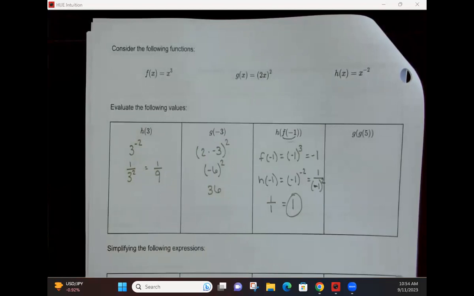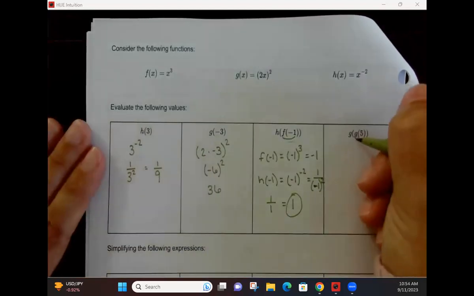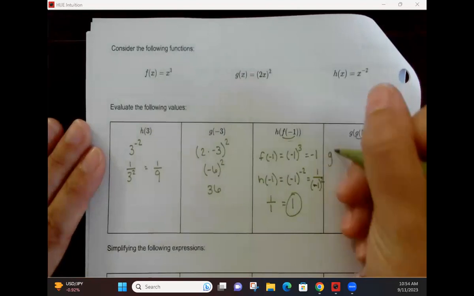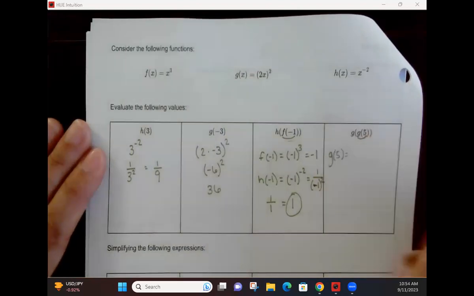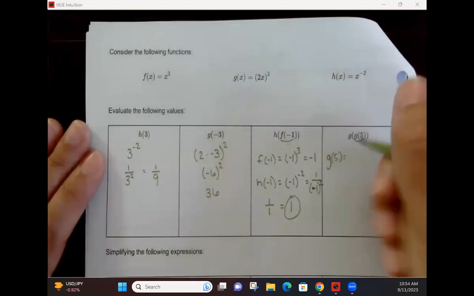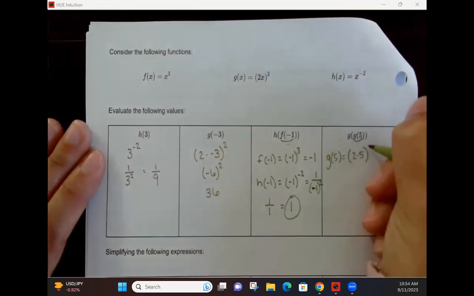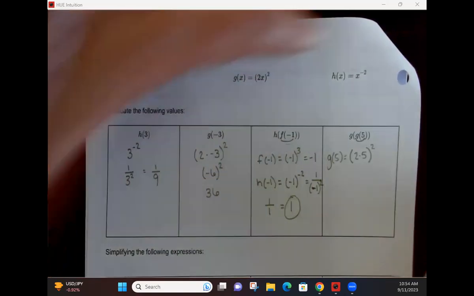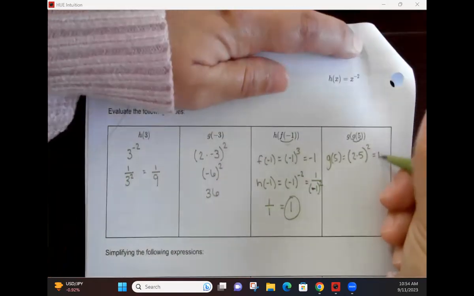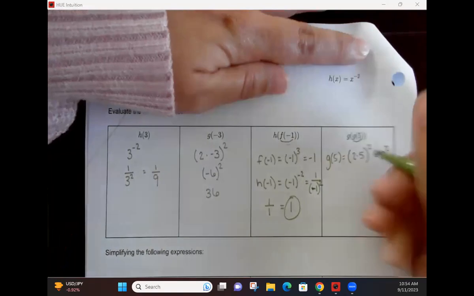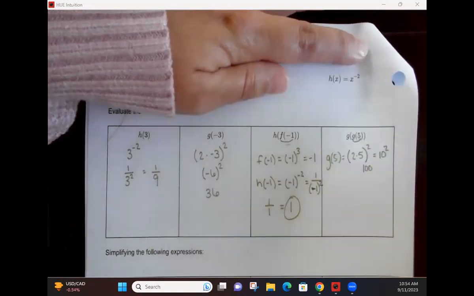And then g of 5. So again, work from the inside out. G of 5 means we are plugging in 5 to our function g of x. So that would be 2 times 5 squared. 2 times 5 is 10, so 10 squared gives us 100.